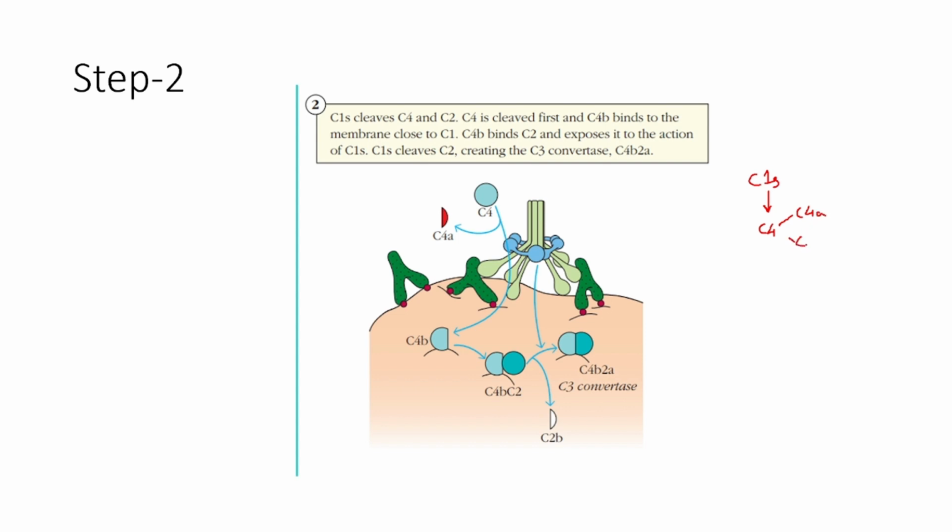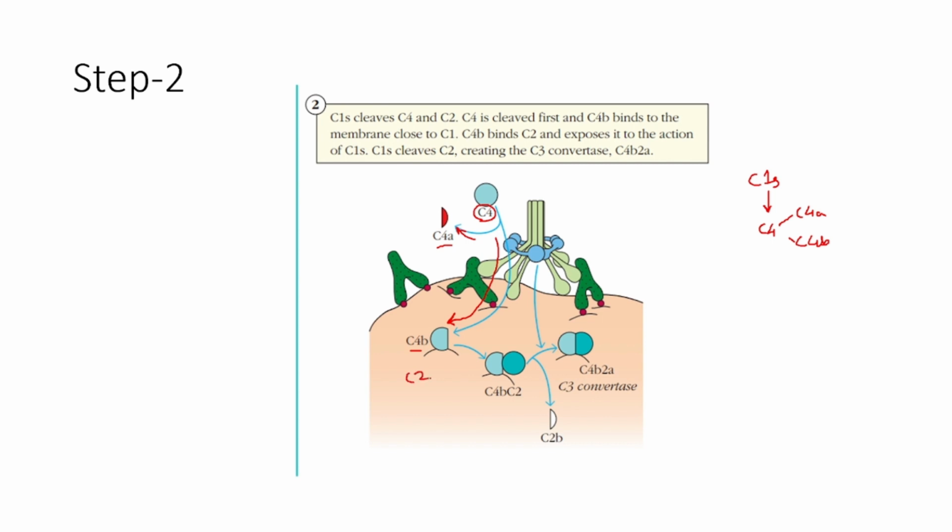Alright, so on the left hand side, if you see, this same thing is shown. This C4 molecule is broken down into two fragments, C4A, which goes away, and C4B, which comes and binds to the target membrane surface. So when C4B binds to the target membrane, it becomes capable of activating and cleaving C2 protein.